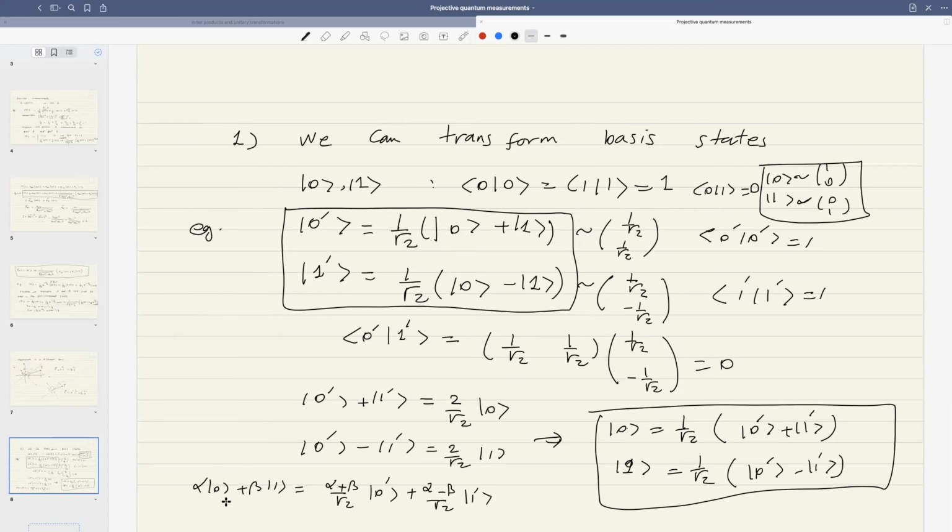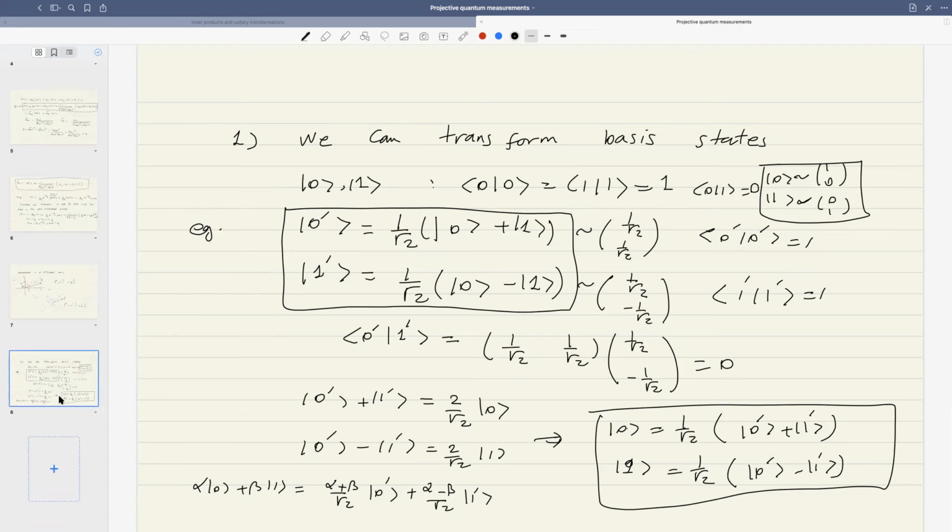So any linear combination you have of 0 and 1, which is some arbitrary state for this qubit, we can also write as a linear combination in this new basis. Okay, so that's step 1. We can consider transformations to different basis states.